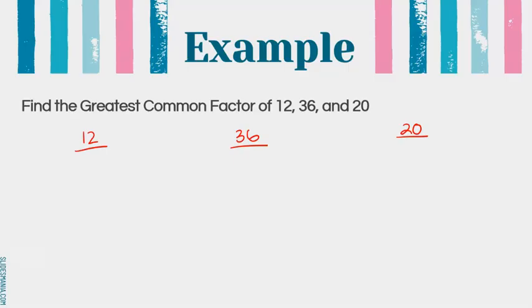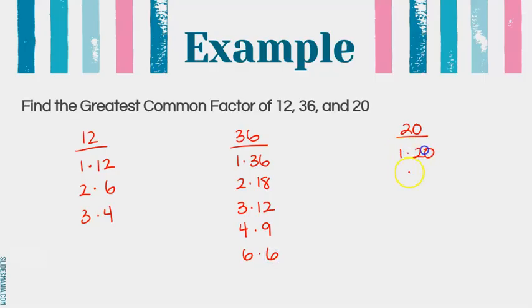So I'm going to list out every possible pair of numbers that will multiply to 12: 1 times 12, 2 times 6, and 3 times 4. Let's think about that same thing with 36. We have 1 times 36, 2 times 18, 3 times 12, 4 times 9, and then 6 times 6. And for 20, we have 1 times 20, 2 times 10, and 4 times 5.